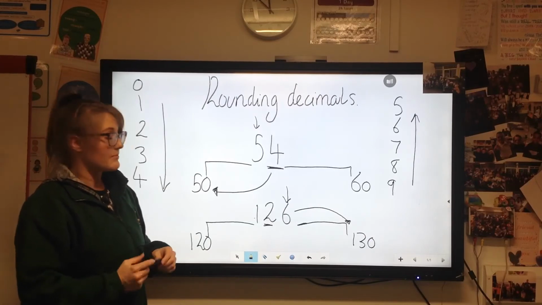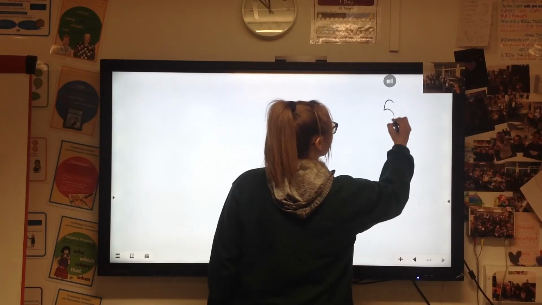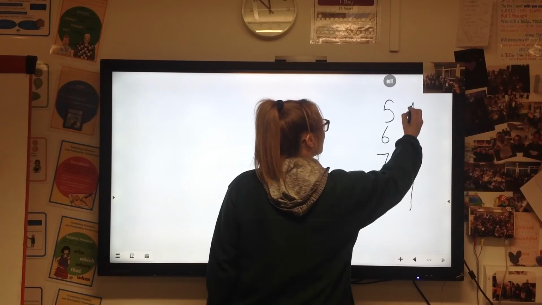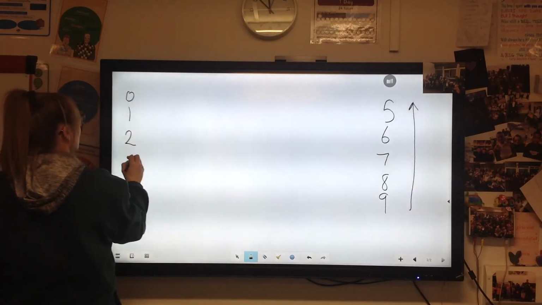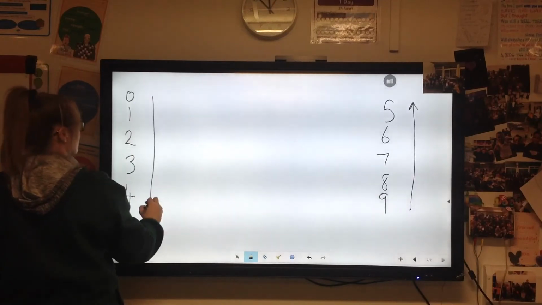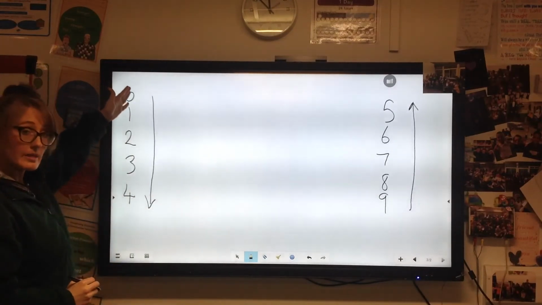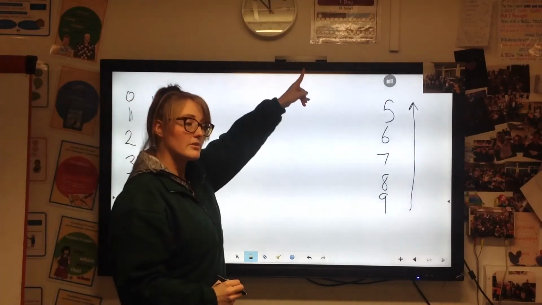Just a quick recap. So with the decimals, as a reminder, my 0, 1, 2, 3, and 4, rounding down. So any numbers with these, they round down. Any numbers with these, we round up.